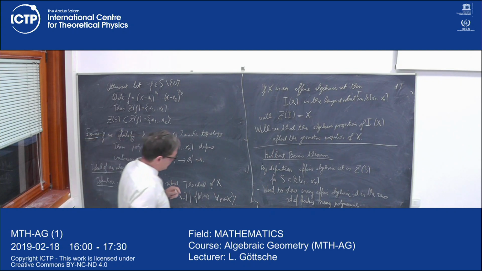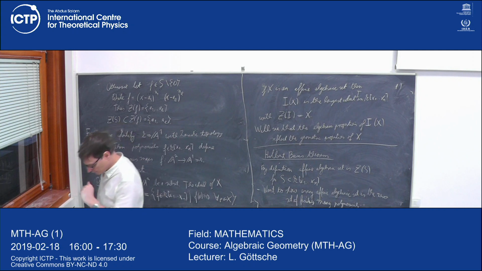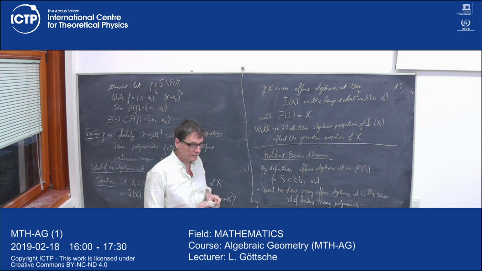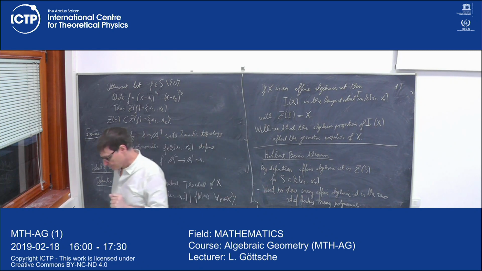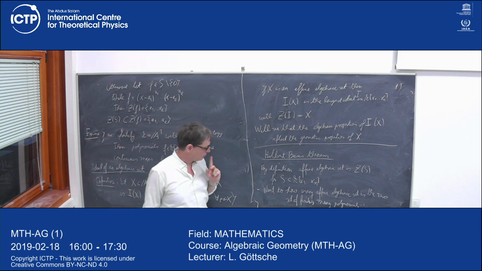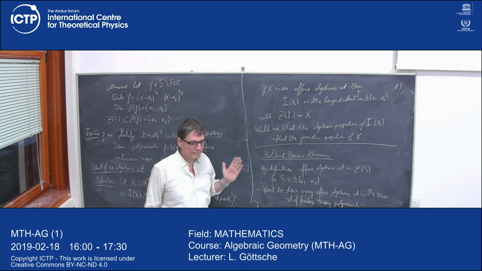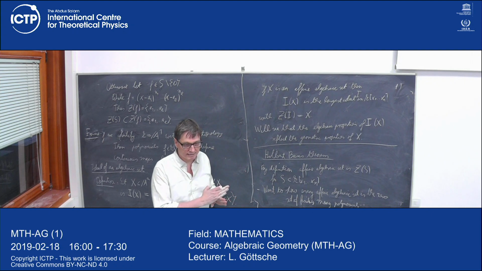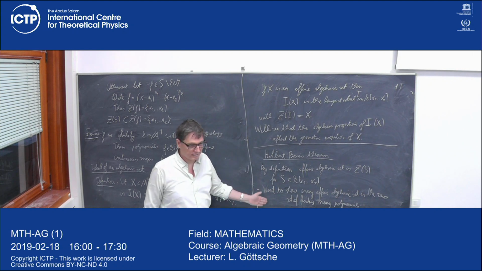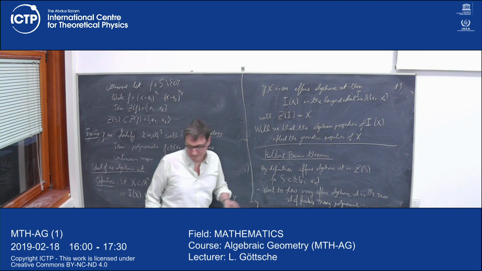And this actually has geometric consequences. From how we prove this fact, it follows the statement I talked about before about irreducible components: every affine algebraic set can be decomposed into finitely many smaller affine algebraic sets which cannot be further decomposed. So the decomposition into irreducible components. I will explain next time what I mean by that.